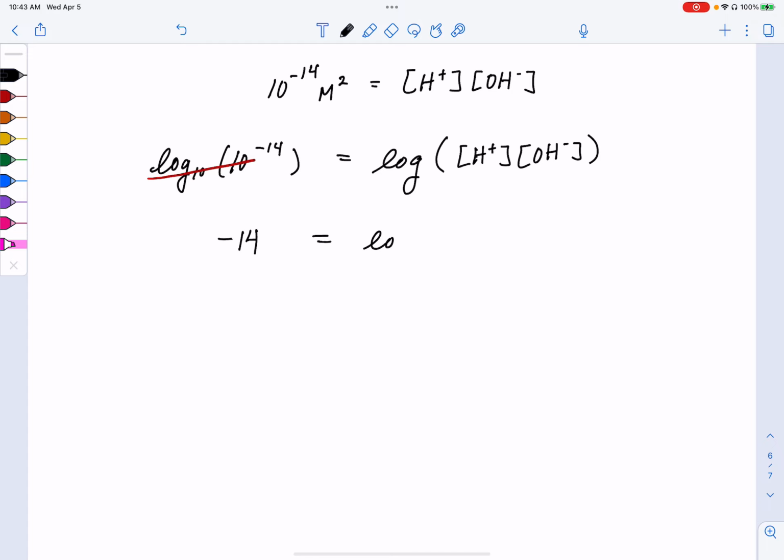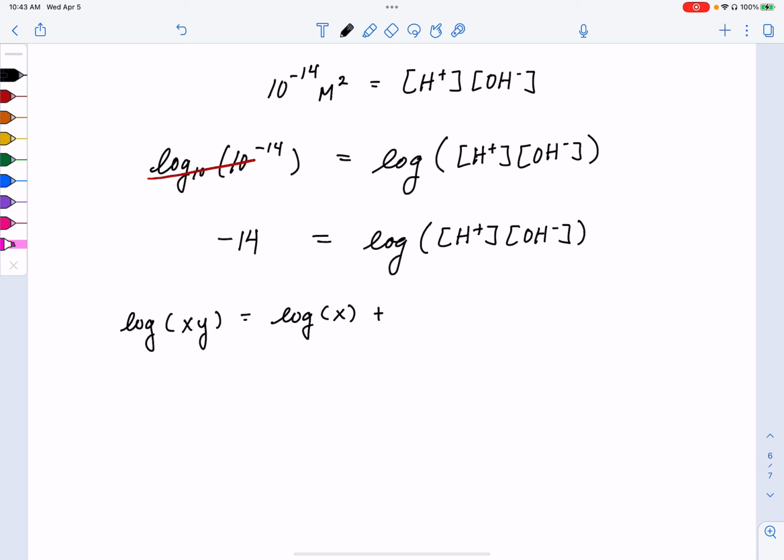And then I've got log on the right-hand side of concentration H plus times concentration OH minus. Now I can use my log rule, which states that the log of a product is equal to the sum of the logs of the terms in the product.